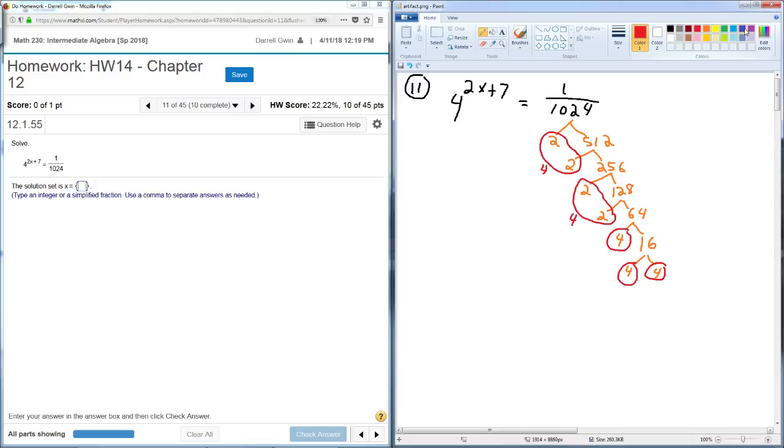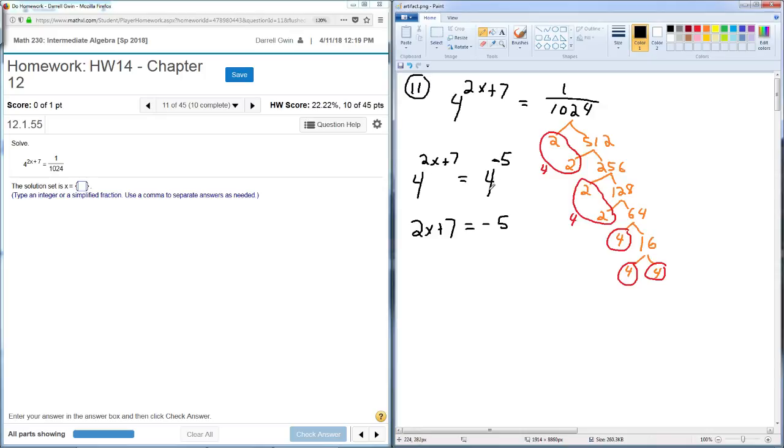So basically, what we have is 4 to the power of 2x plus 7 equals 4 to the power of negative 1, 2, 3, 4, 5. Because 4 to the power of 5 is 1024, but 4 to the power of negative 5 is the fraction 1 over 1024. Now we could do 2x plus 7 equals negative 5.